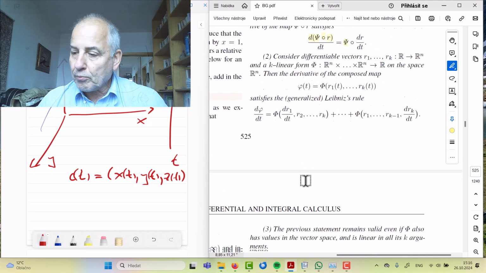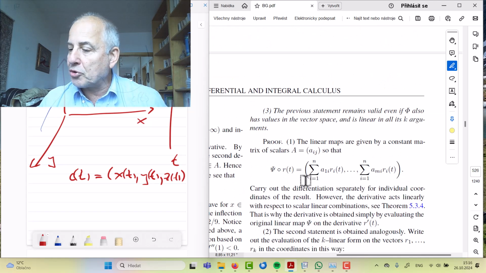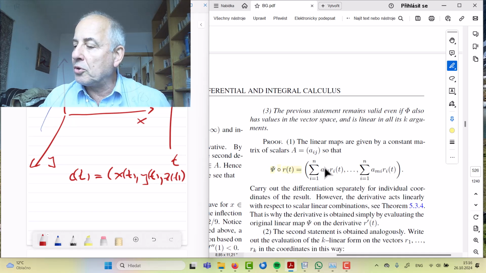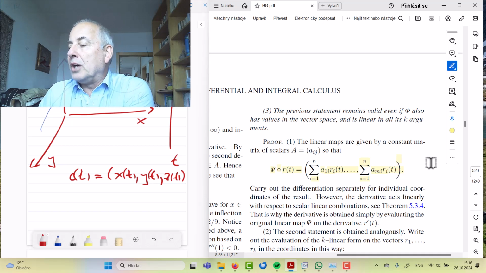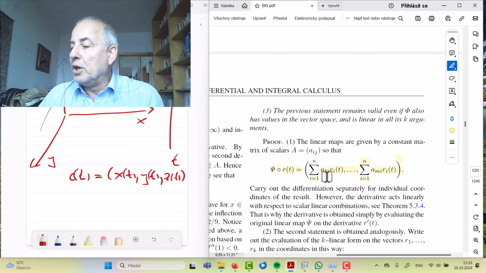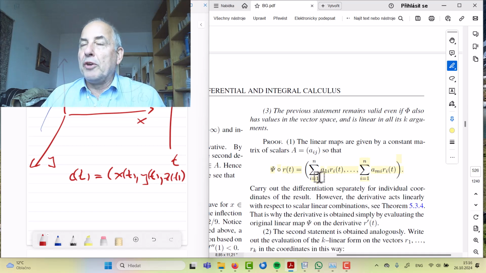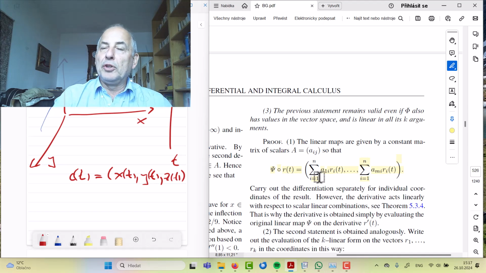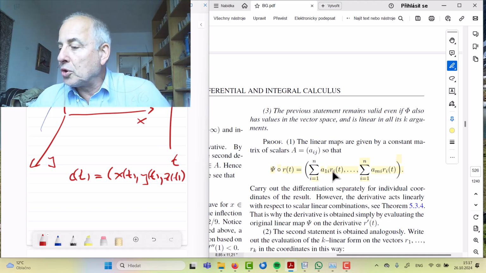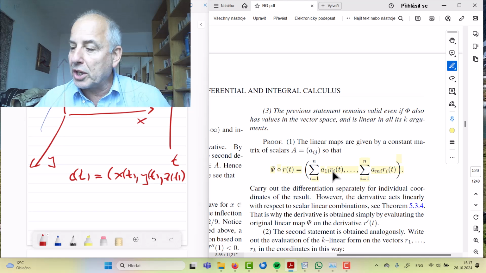And the computation is straightforward, because if you write it down in coordinates, it will be such an expression, and the expression component-wise is exactly what we need, right? So all the a's are constants, and the derivative has the property that the derivative of a sum is the sum of derivatives, so it's obvious that it will be exactly what I claimed.